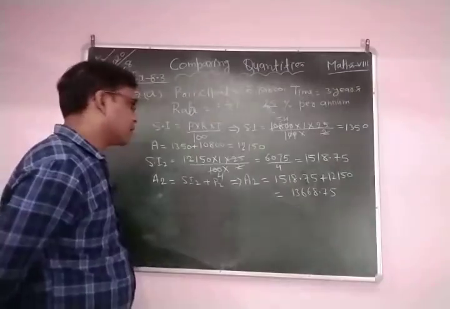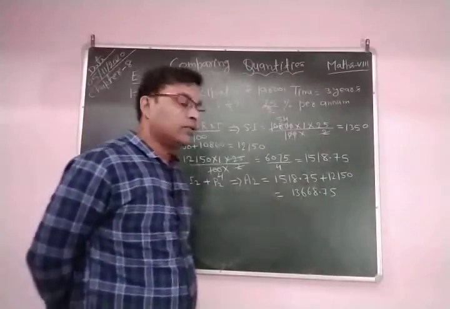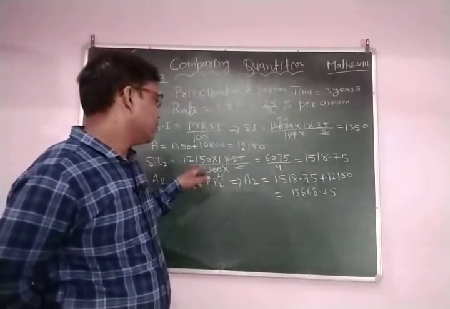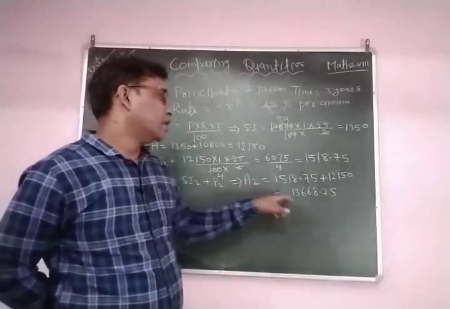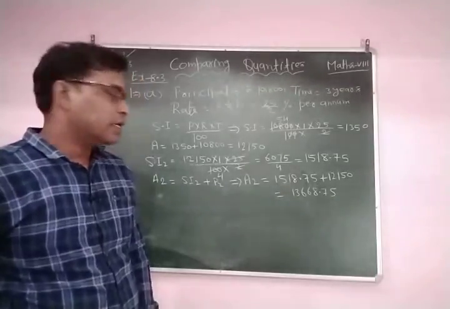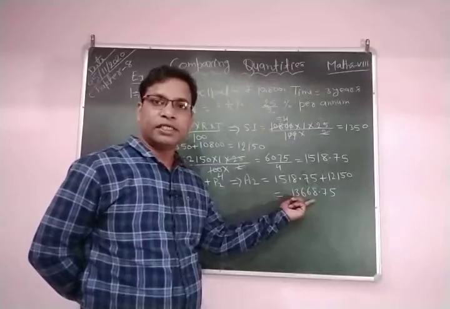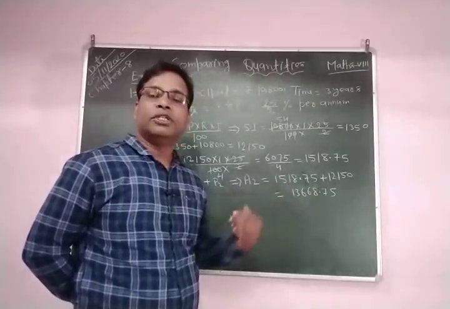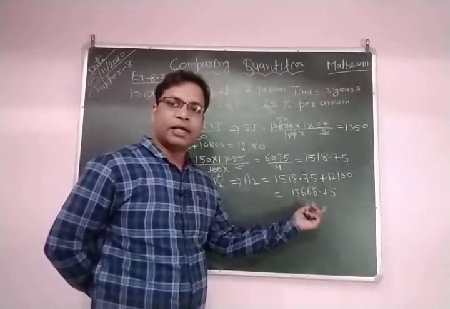Now again, if you add this simple interest to this amount, this principal, then we obtain 13,668.75. This is the amount for second year, but this amount is treated as a principal for third year.